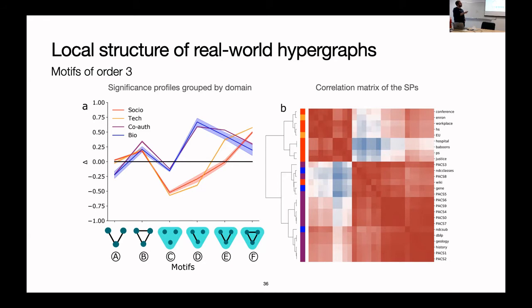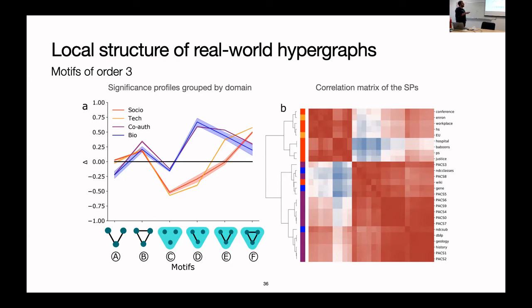For example, we find that in the social domain, the motif C, made by a group interaction without a nested pairwise interaction, is really underexpressed, meaning that if people interact in a group, then it's probable that they interact again also individually. So this is a nice result. Also the classic pairwise triangle is overexpressed in mostly all the domains.